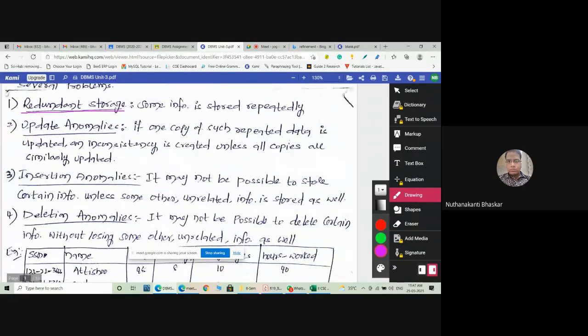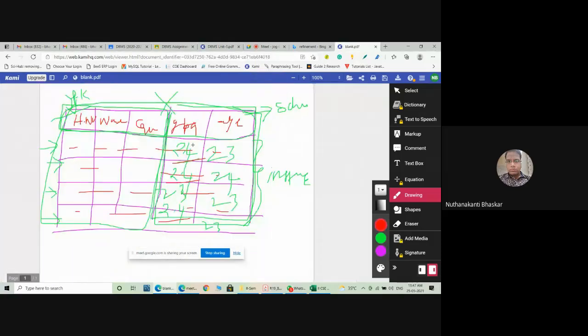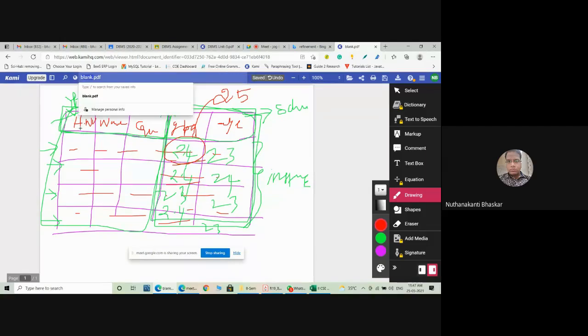Now, the second one is the update anomalies. Anomalies is nothing but a problem. Don't think anomalies is something special. Update anomalies means when I want to update. For example, I want to update this GPA 2.4 to 2.5. What happens when I don't consider the hall ticket number? I want to update wherever 2.4 is there, now as 2.5.